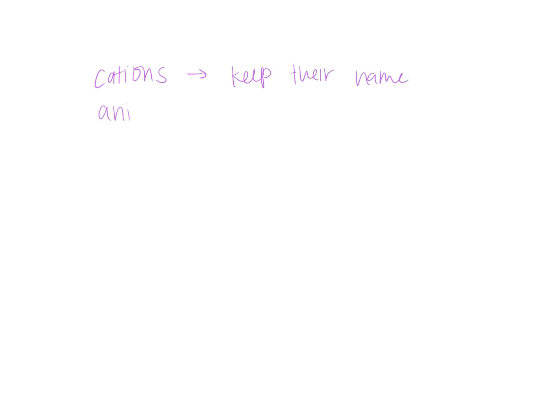But what's different about the anions? Do they keep their regular name? No. What's different about them? They change their ending to end in IDE. They have a suffix. It's not phosphorus anymore, it's phosphide.